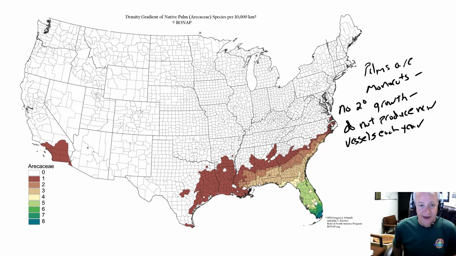Palms tend to be evergreen, and they cannot produce new vessels in the spring to replace cavitated vessels. So I think all of those things combined mean that vulnerability to freeze-thaw cavitation is probably an important factor that influences the distribution of palms. Probably more important than that influence on the distribution of conifers, I would guess.